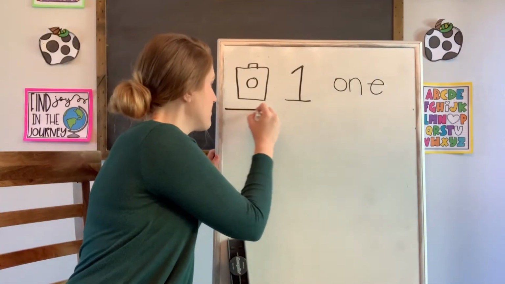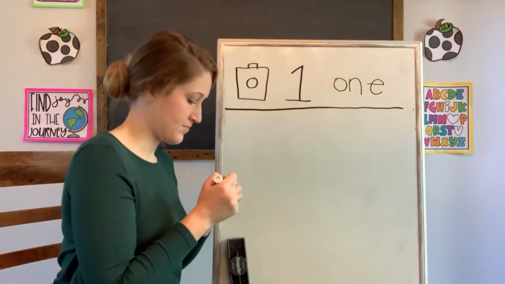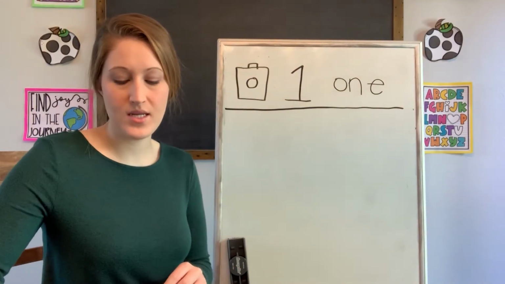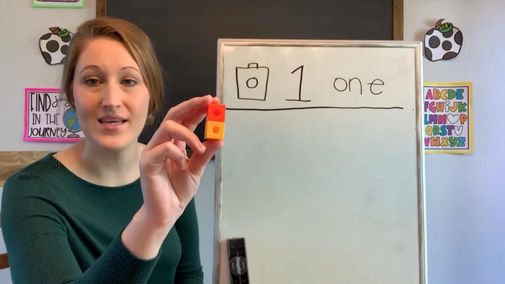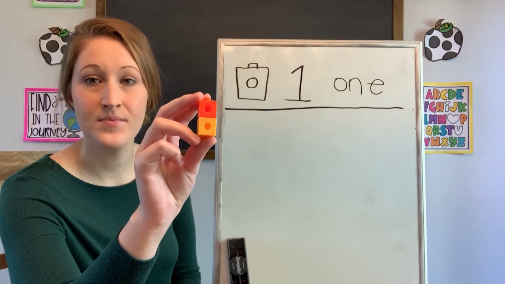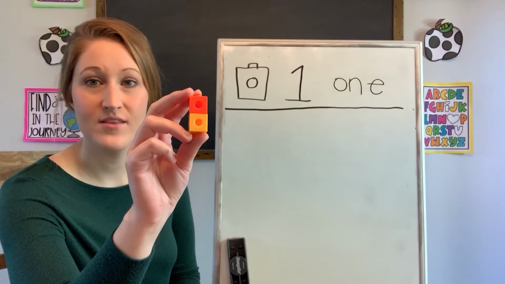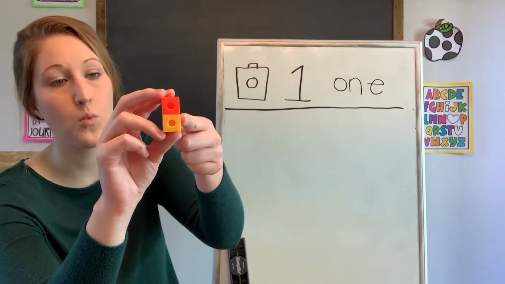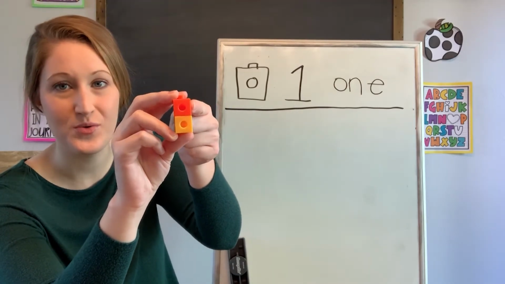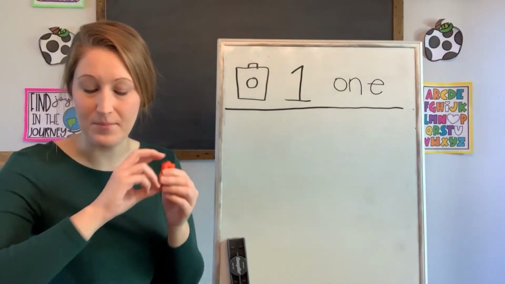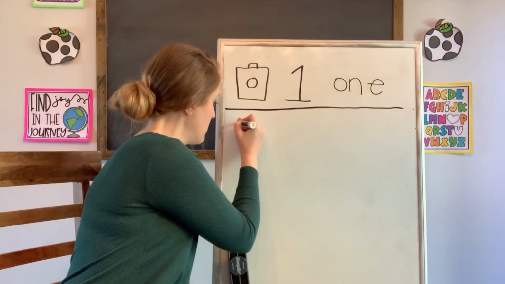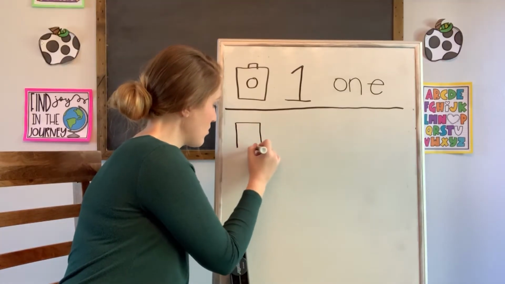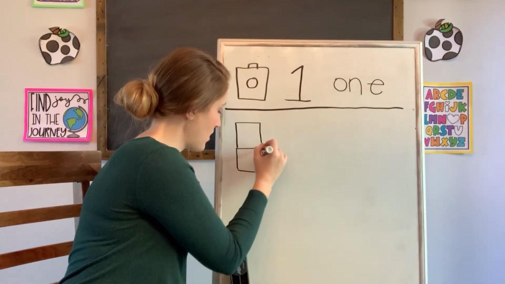Let's look at another one. We'll draw a line. How many objects do you see now in my set? Very good. There's one, two. Two objects in my set. So I'm going to draw my picture. I have one cube on top of one cube.